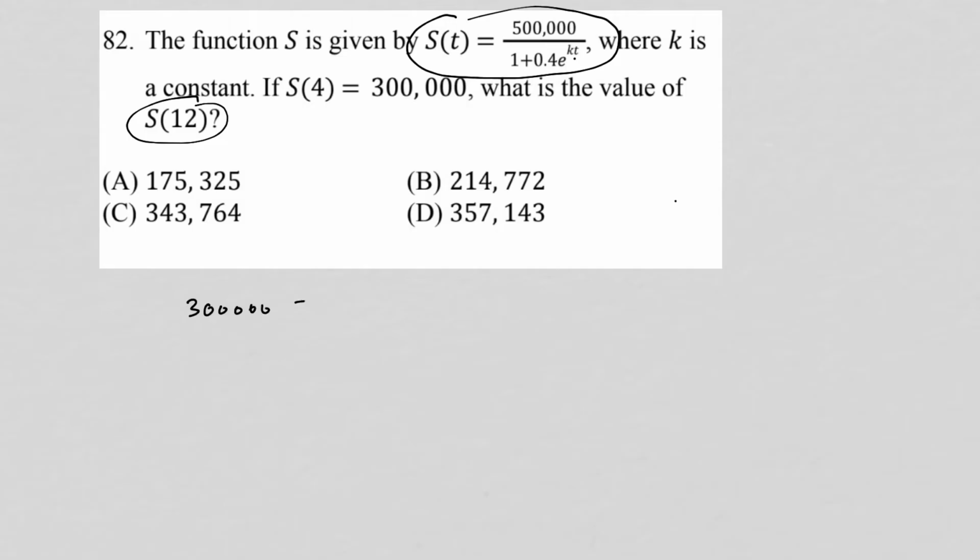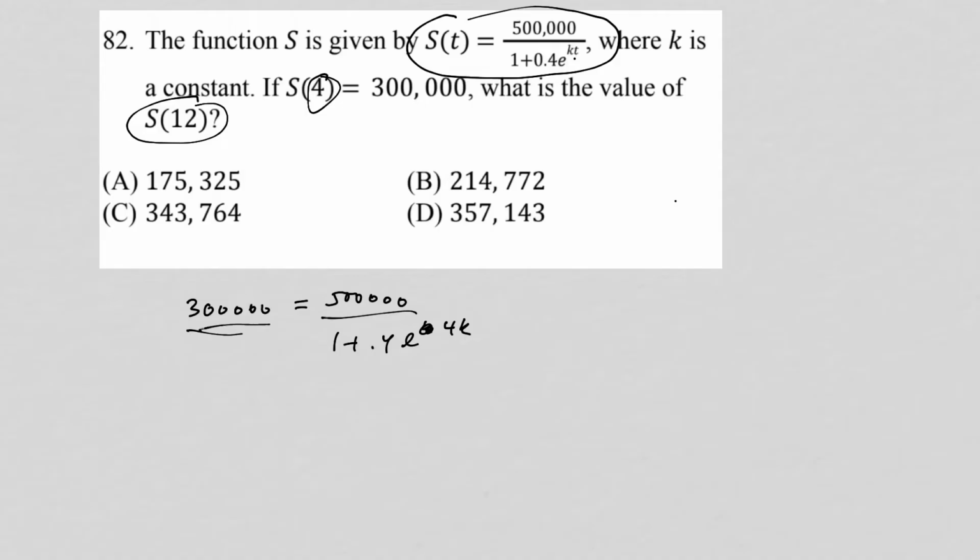First, we have to find K by solving the equation 300,000 is equal to 500,000 over 1 plus 0.4 e to the 4k. K times t is 4, because we're plugging 4 in to get 300,000. Solving this is a little annoying.